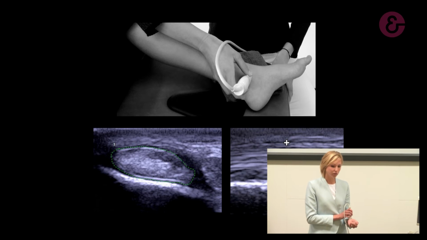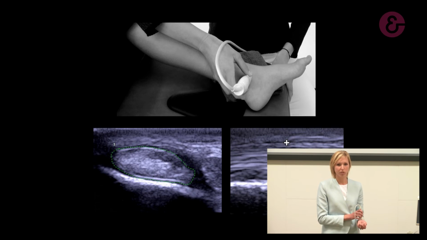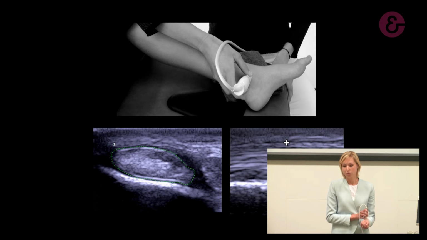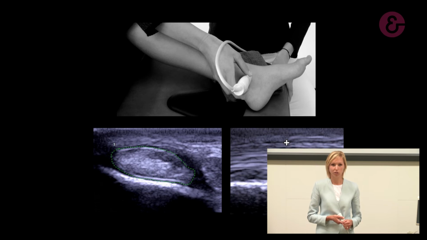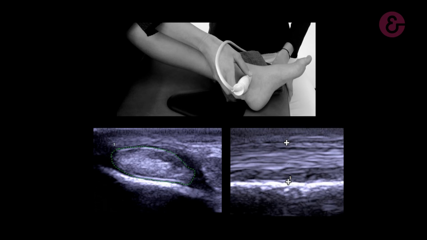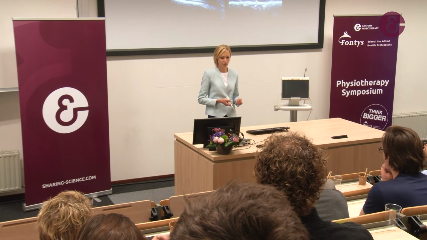But when the transducer is just slightly turned, this hyperechogenic appearance is lost, and you might even see anisotropy, or things that are actually not there. This has a very bad influence on the diagnostic value of ultrasound.